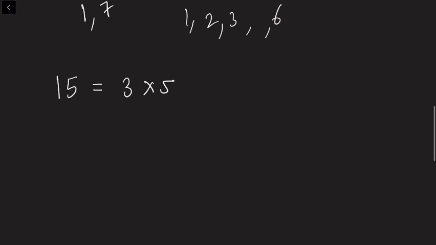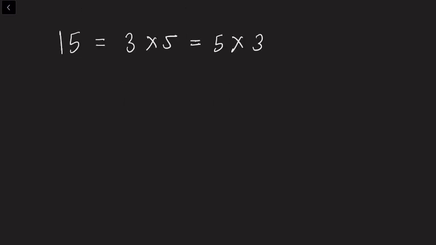You can change the order also. You can express 15 in only this way, this is the unique way. This is the one and only way to represent 15 in terms of primes. You can't represent it in any other way. This is the meaning of the fundamental theorem of arithmetic.